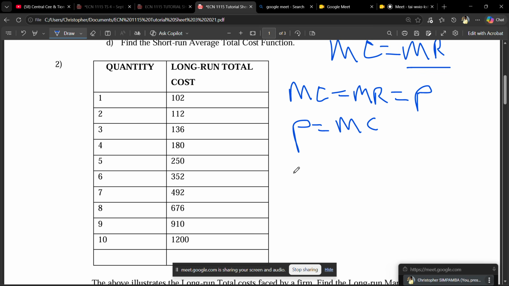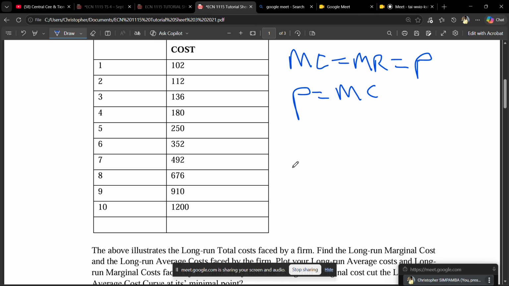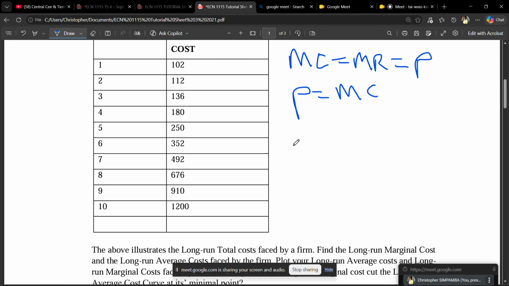Then in perfect competition in the short run, you have to know that a firm will make supernormal profits when the market price is above the average total cost.